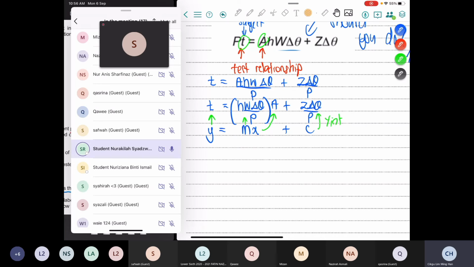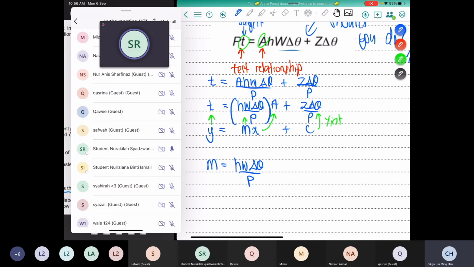Gradient is equal to H W delta theta over P. Is this what you mean?